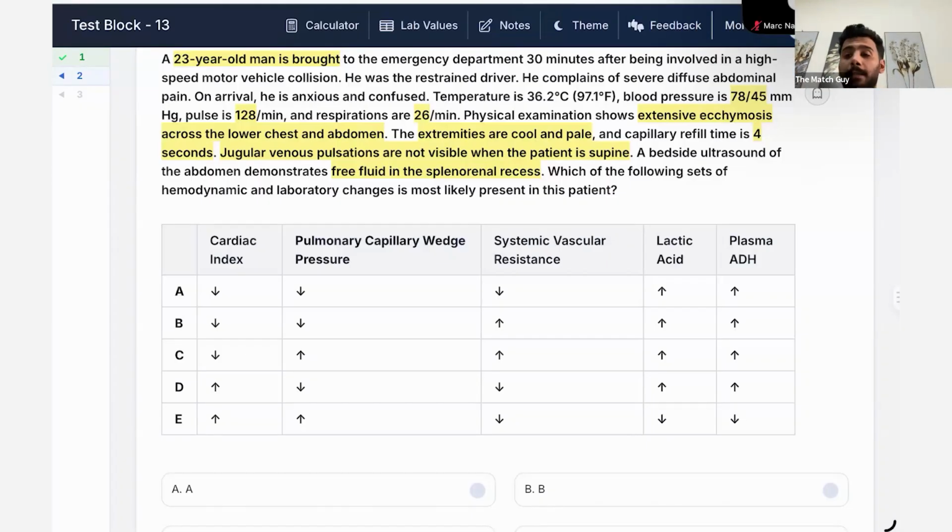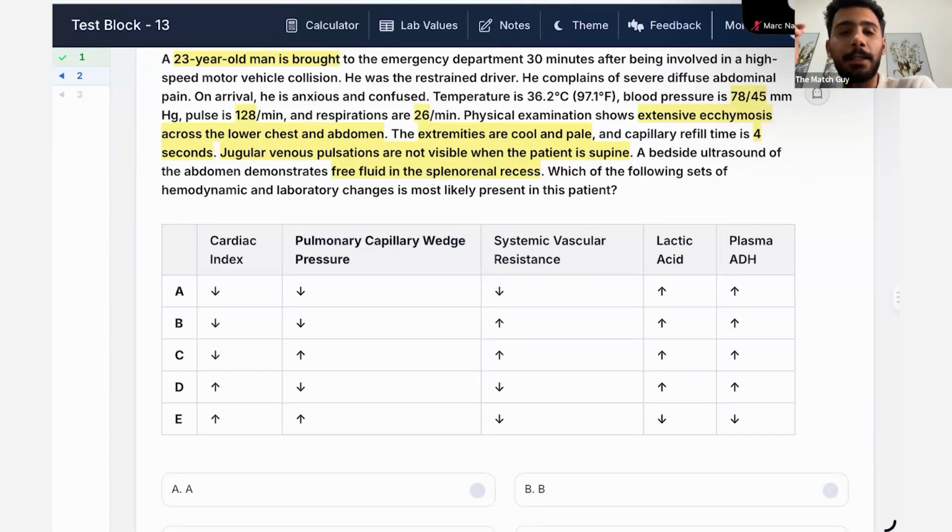Now, lactic acid in all types of shock should be increased. It's actually one of the laboratory measures that we do to see if the patient is in shock. The reason is, as we said, the cause of shock is impaired perfusion to the organs. The organs are not getting enough blood.